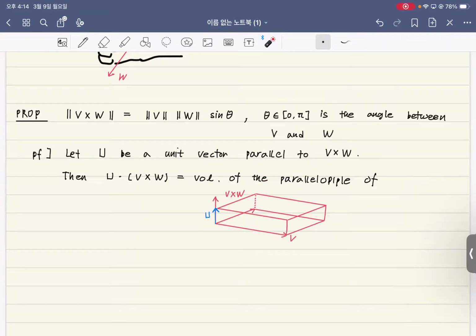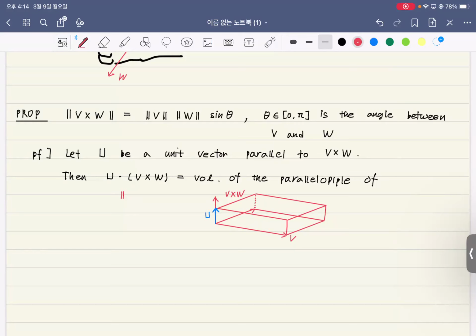All right. What is the volume of this guy? Well, this is a parallelepiped, but it is a right parallelepiped. It is not slanted.